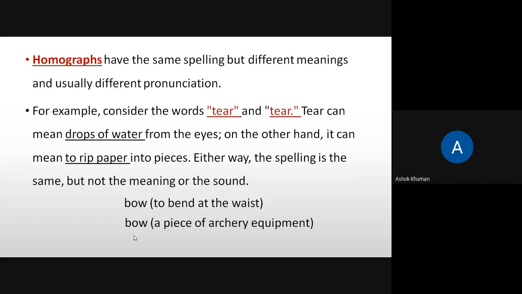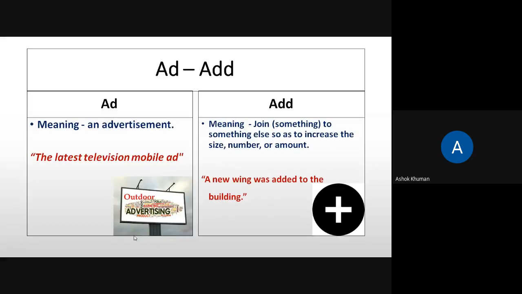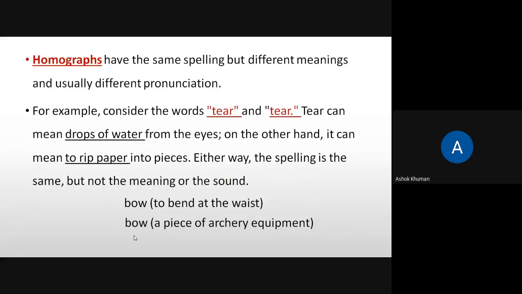In this semester we have some such homophones and homographs, meaning some homonyms, that we will have to remember along with their examples. You should also be able to make sentences using that particular word, because only then is it clear that you have understood those two homonyms, because the meanings are always different.